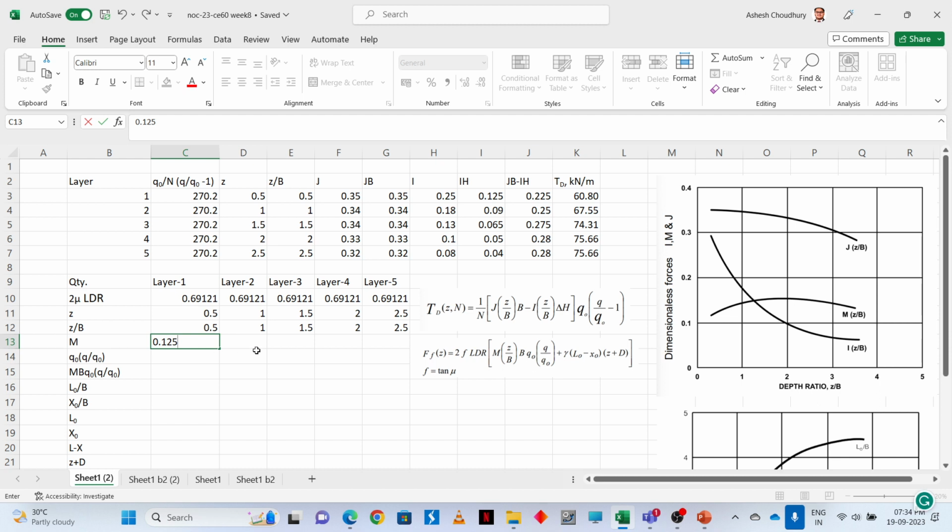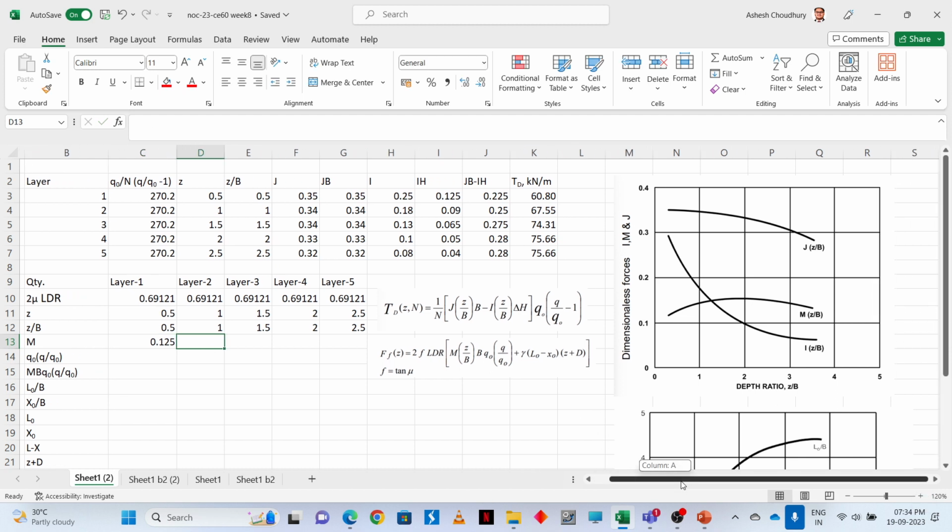Then for Z by B 1, M is approximately 0.14. Then for 1.5, approximately 0.15.